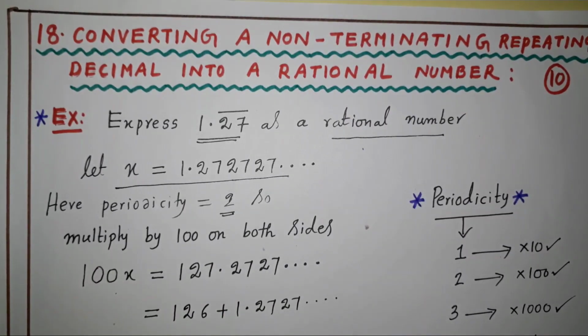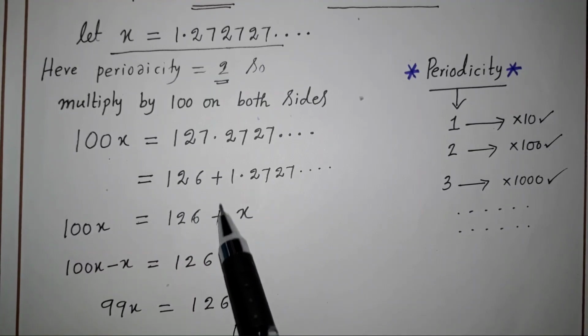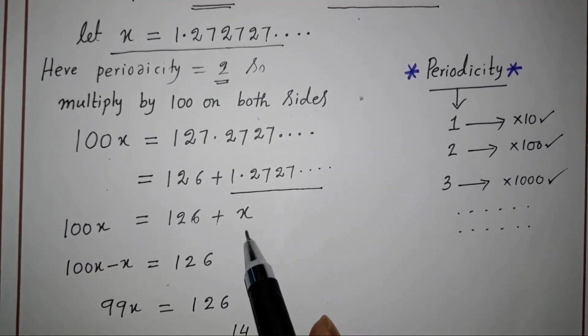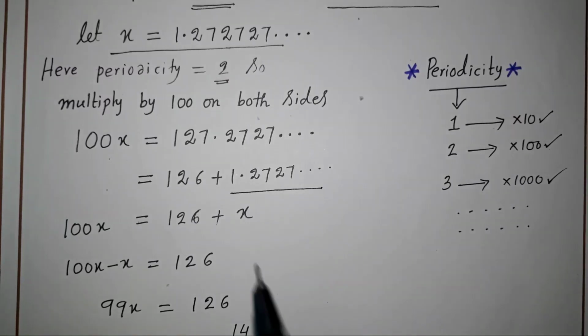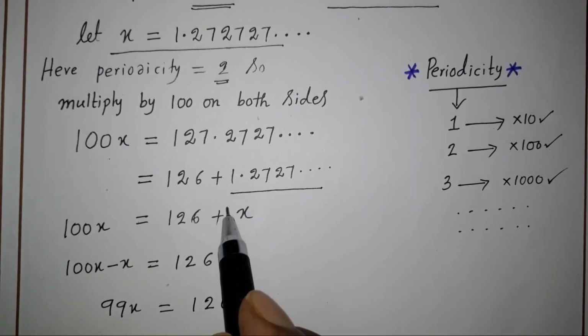Then how can we write it? 126 plus 1.2727, etc. Then 126 plus this 1.2727 bar can be written as x. Afterwards, you will get 100x is equal to 126 plus x.